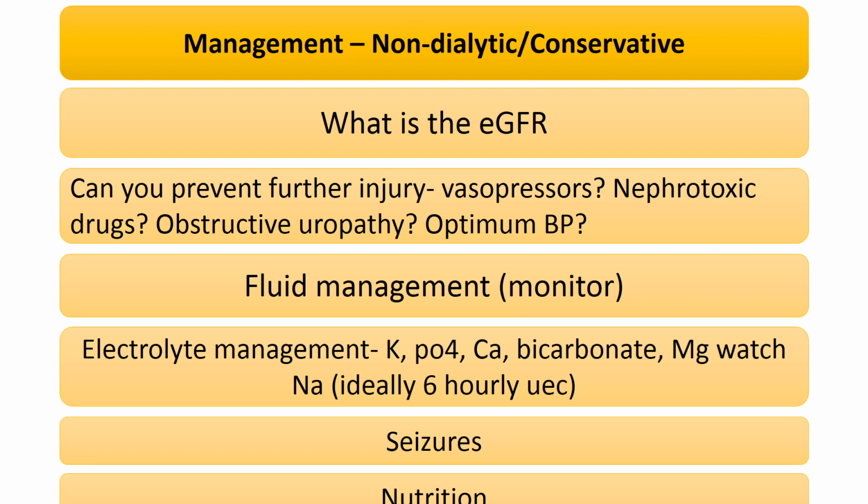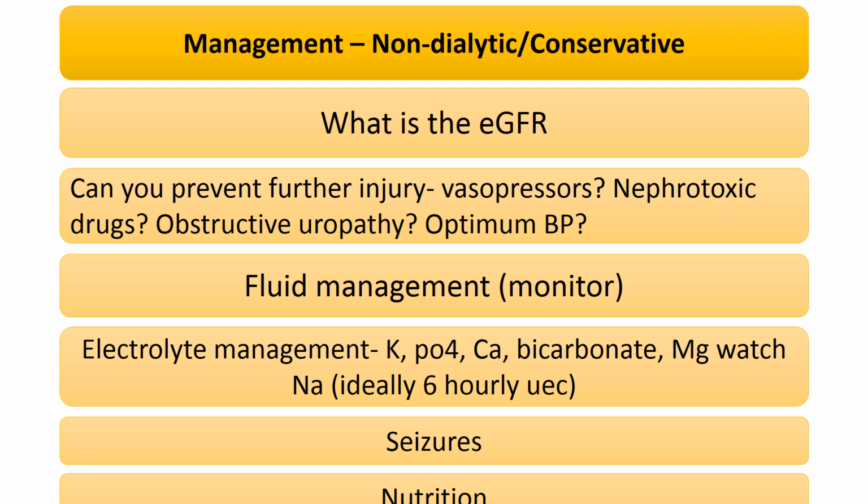If the phosphate is high and the patient is nil per mouth, obviously we can't use phosphate binders like calcium carbonate, so that would be an indication for dialysis. We'll keep an eye on the calcium, which generally tends to be low in patients with acute kidney injury, and replace orally by giving calcium carbonate between meals. And then we have bicarbonate, which again, because of the acidosis associated with acute kidney injury, may be low.